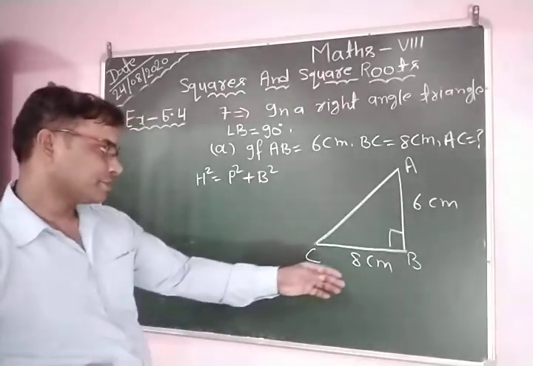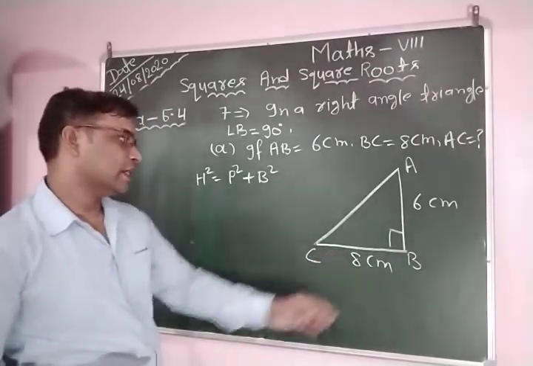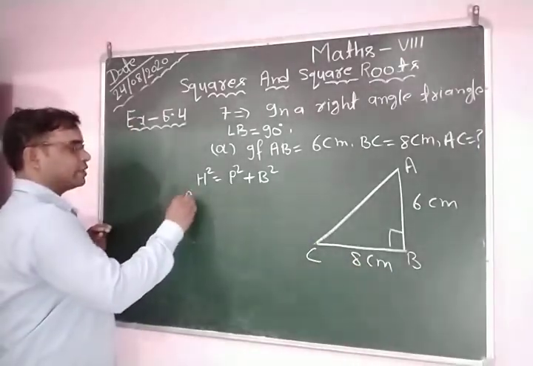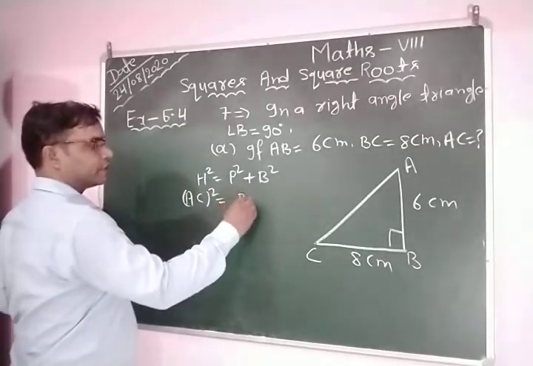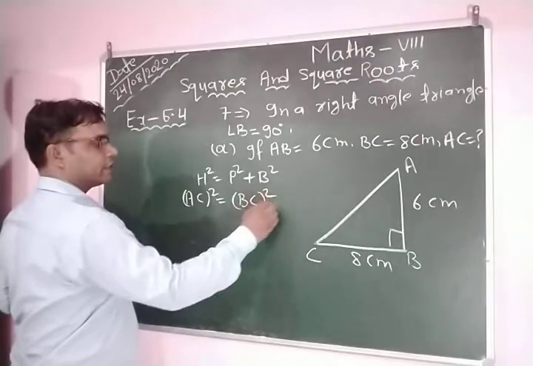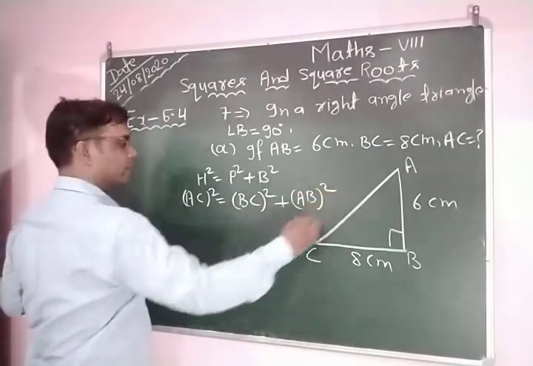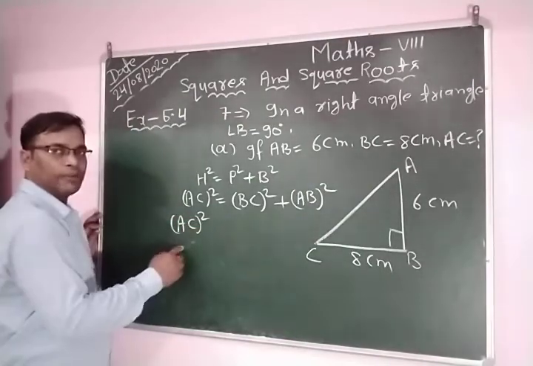Here, the base is BC and the hypotenuse is AC, so you find AC. So square of AC is equal to square of BC, this is the base, plus square of AB, this is the perpendicular. We need to find the value of AC here.